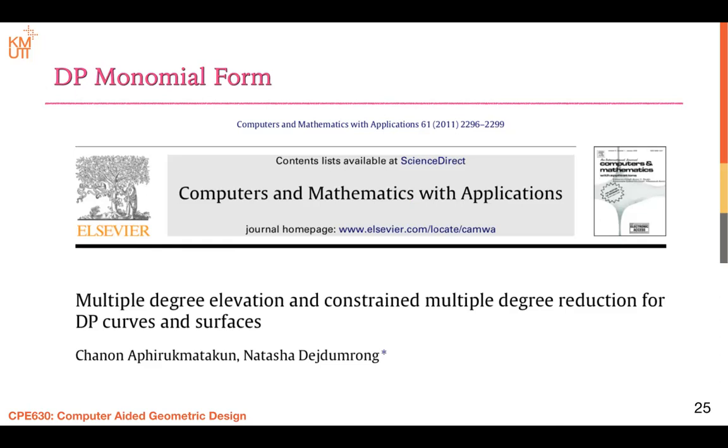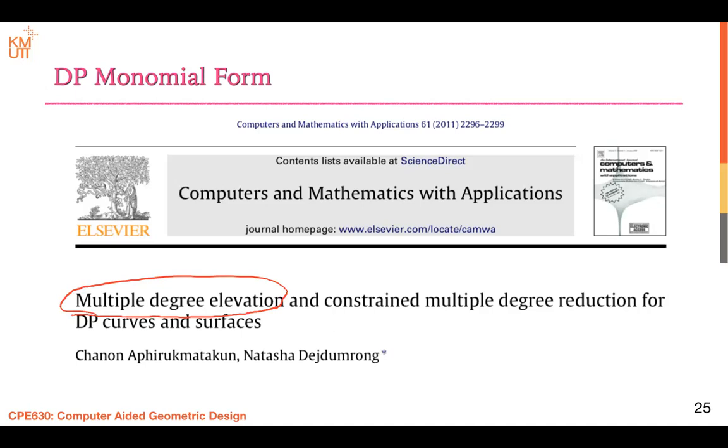And then we have learned about the recursive algorithm for DP. So what will be left for the curve properties? The next curve property that you may have to know is the multiple degree elevation.